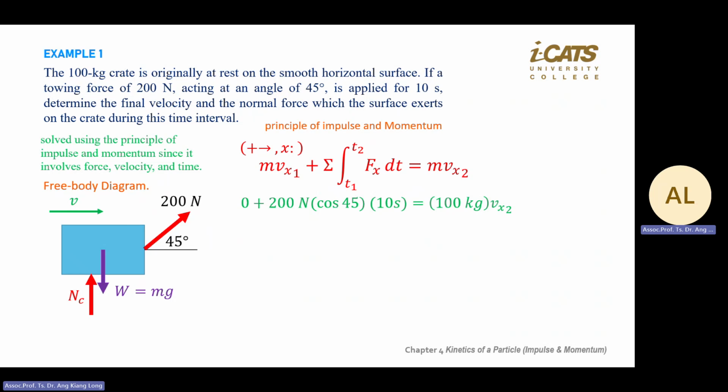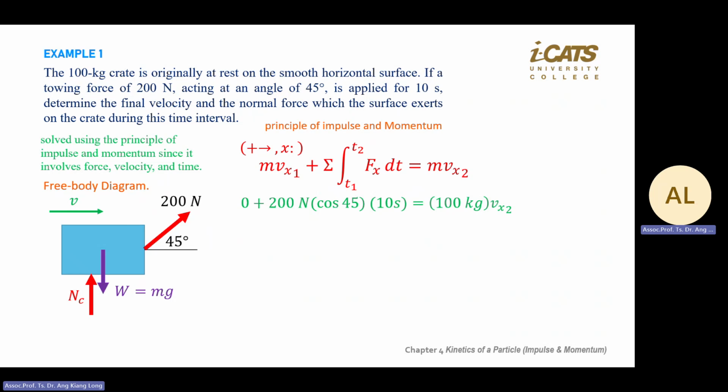So you just substitute the values inside the principle of linear impulse and momentum equation. For mvx1, you know that your v is 0 because it starts from rest, so you can straight away put 0 there.